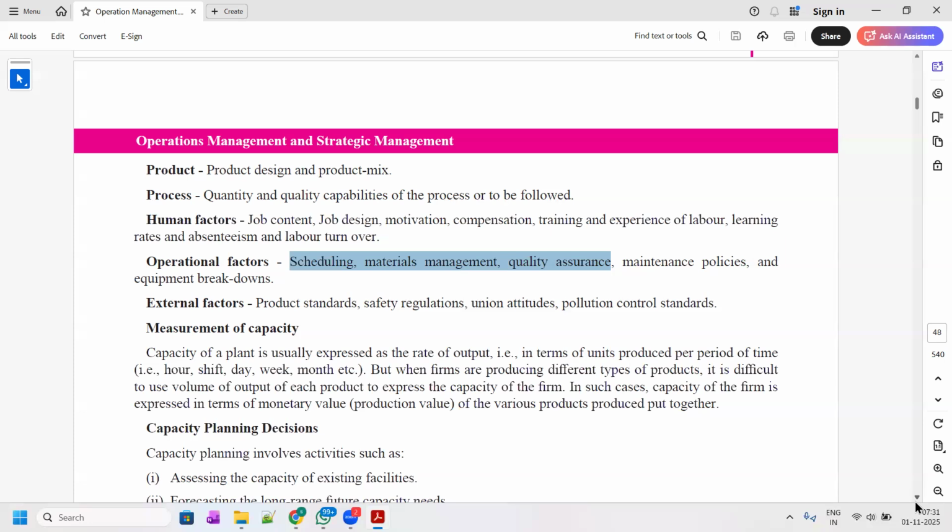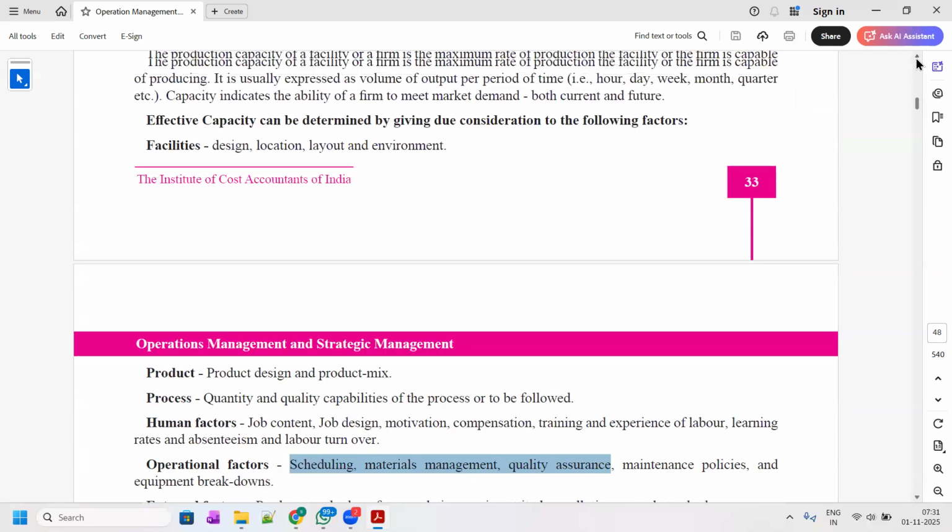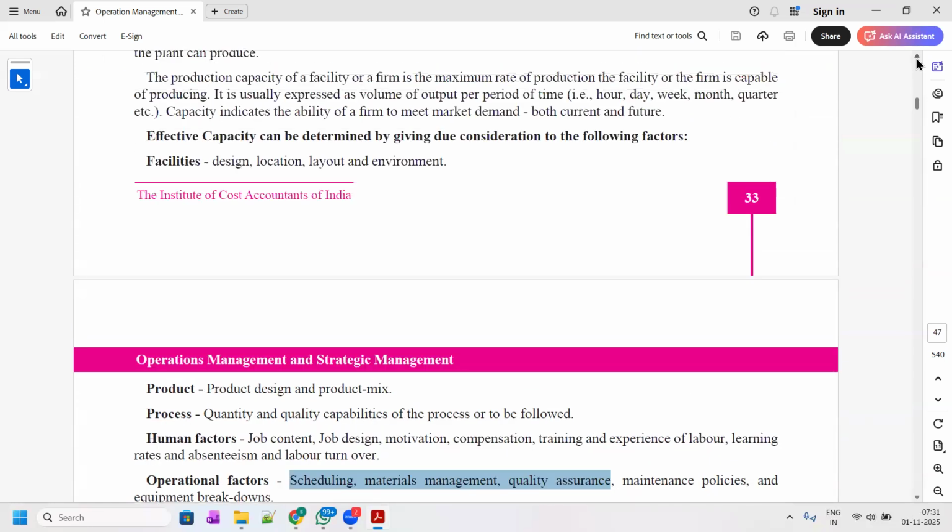Then you have to follow proper standards as per ISO and other regulations. All these parameters you need to keep in mind whenever we talk about effective capacity, and how it is affected by multiple factors. So you got it, guys? What are the factors which affect the effective capacity?